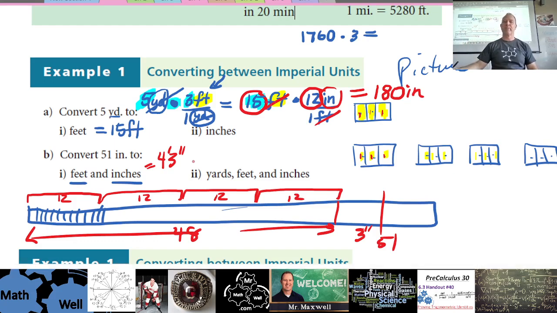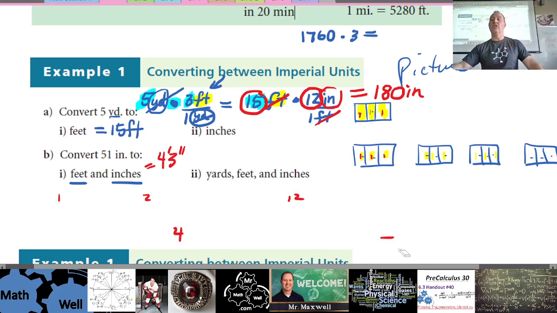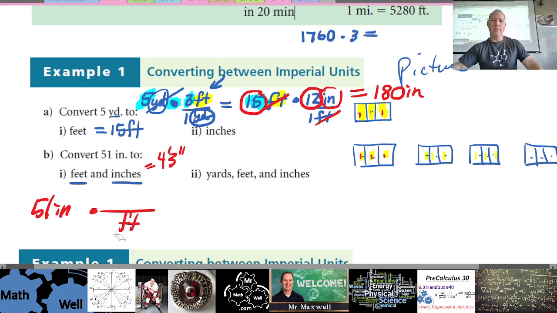Now, is there a way to do this without drawing a big picture like this? Yep, we could do unit analysis. So watch this carefully. This is going to be cool. If you start with 51 inches, remember, unit analysis is always multiplication. But I need to get rid of inches, and I need to write this in feet. So I'm going to write feet down here and inches on top. No, I'm sorry, my bad. The opposite.